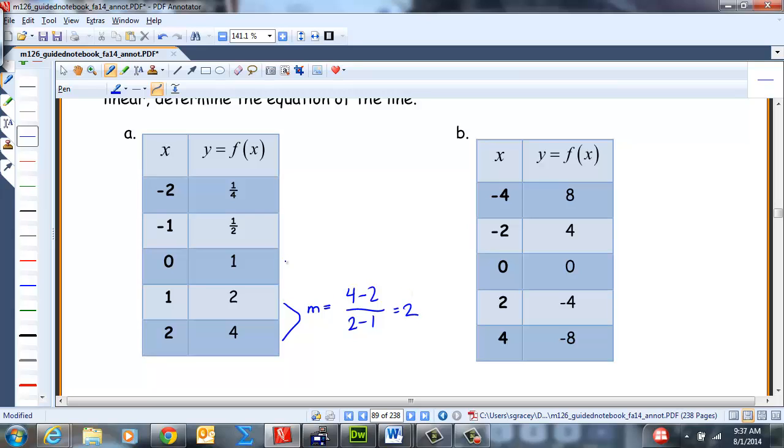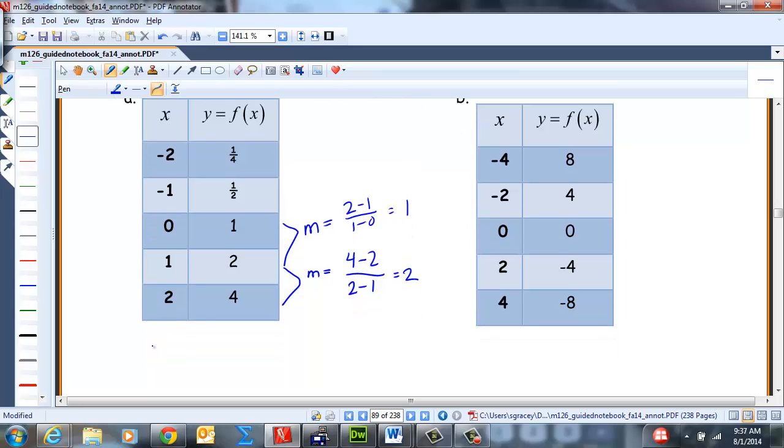Now let's take a look at the slope between these two points. So we would get 2 minus 1 over 1 minus 0, which is 1 over 1, which is 1. Well, 2 is not equal to 1, so you're done with this particular problem. This is nonlinear.